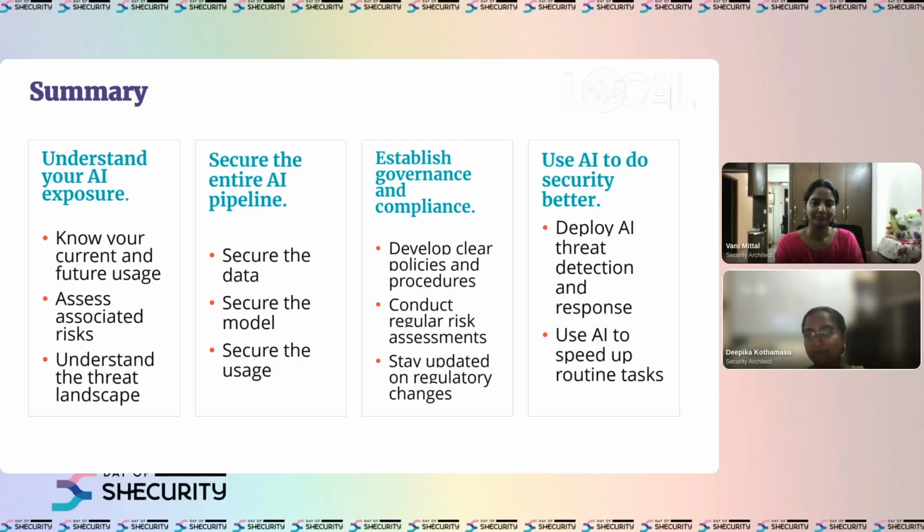There are two aspects: have security on AI, and use AI for security. Deploy AI threat detection models in the pipeline, and use these AI elements to speed up security and routine tasks, which will ensure we strike the right balance between security and AI. Thank you so much for all of your time.